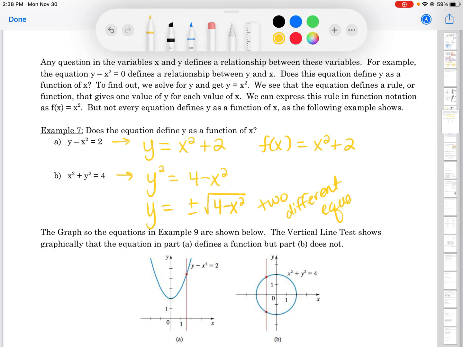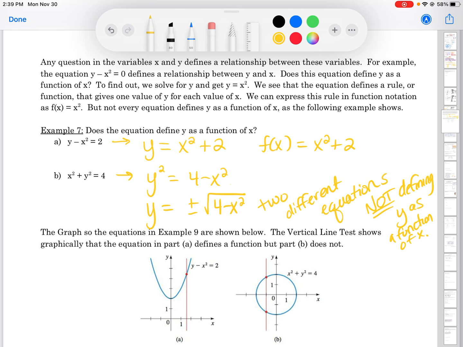I'm getting the positive square root of 4 minus x squared, and I'm getting the negative square root of 4 minus x squared. So this is not defining y as a function of x, and that's really because it's producing two different equations.